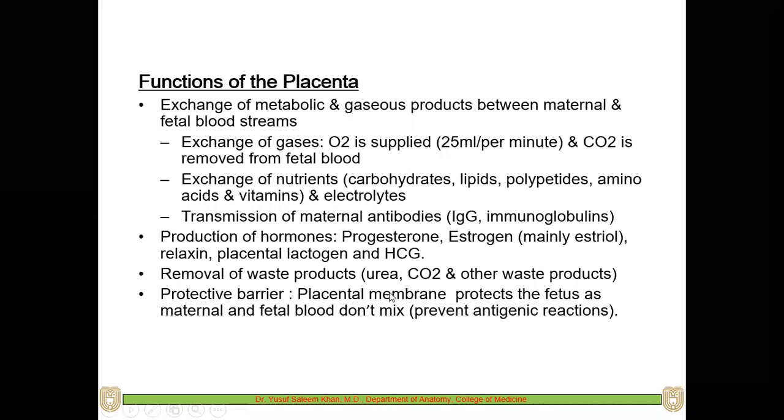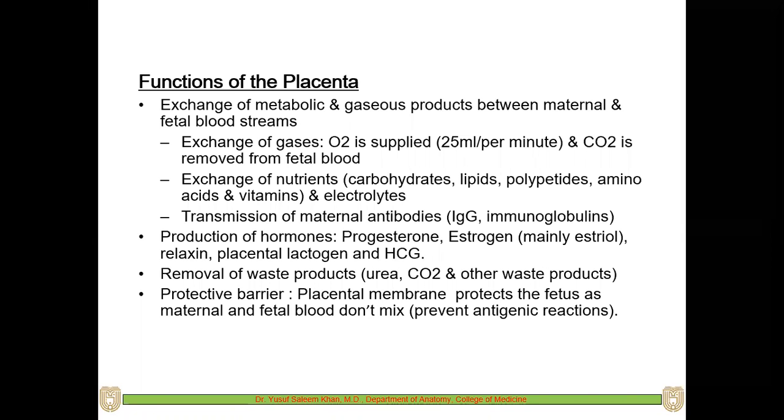There are many substances which cannot pass through the placenta, so it acts as a barrier between the maternal blood and the fetal blood. This is called the placental barrier. It helps by preventing antigenic reaction. We'll talk about how the antigenic reaction takes place. So all these are the functions of the placenta.